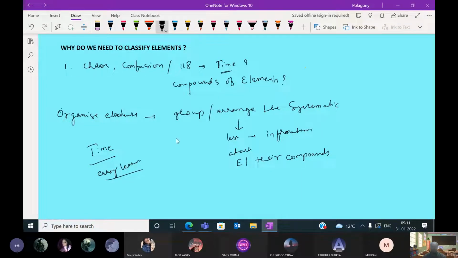Okay, so I'm giving an example. Imagine our library.